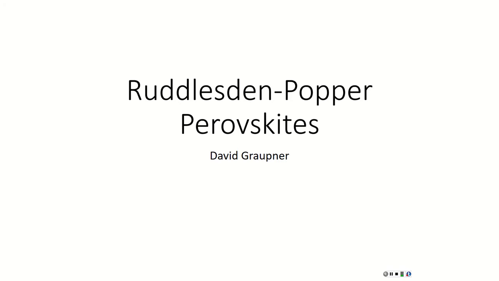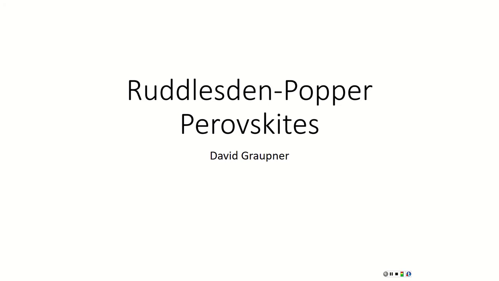If it doesn't work, one can just click with keyboard and mouse. And I will distribute forms that visitors and participants can fill in, providing feedback on what you see. Okay, the first speaker is David Brocker, and he will tell us something about an exotic form of perovskite. Floor is yours.